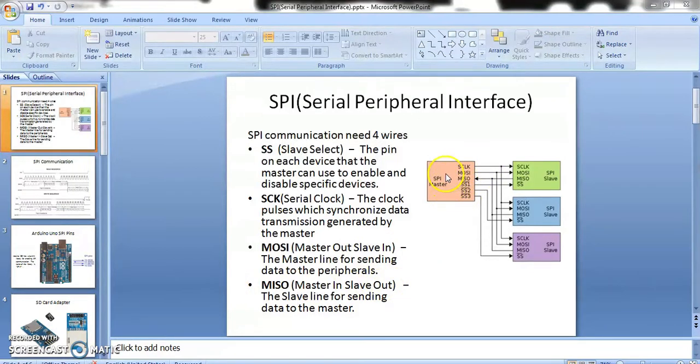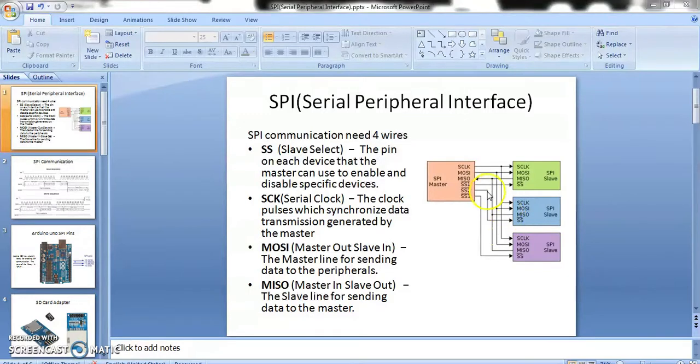Here you can see an SPI communication system circuit diagram. Here is the master and here are 3 slaves. You can see there are 4 wires, which are used to communicate with each and every slave. So here are 4 wires, here are 4 wires and here are 4 wires.